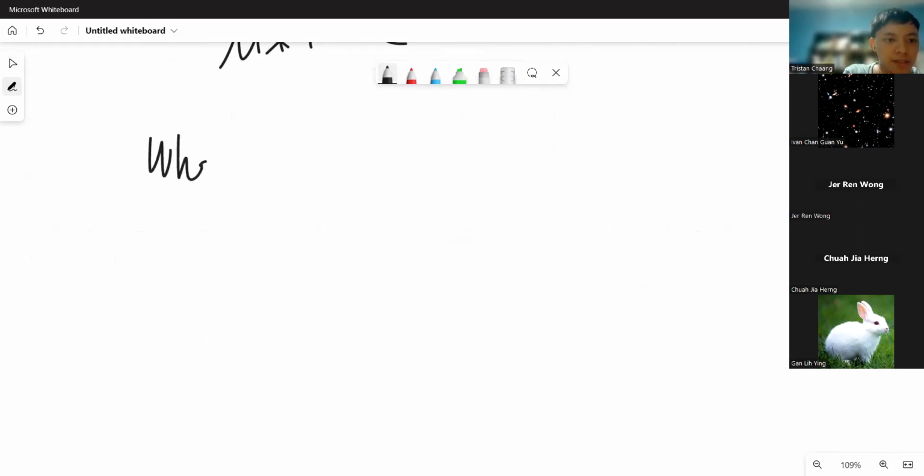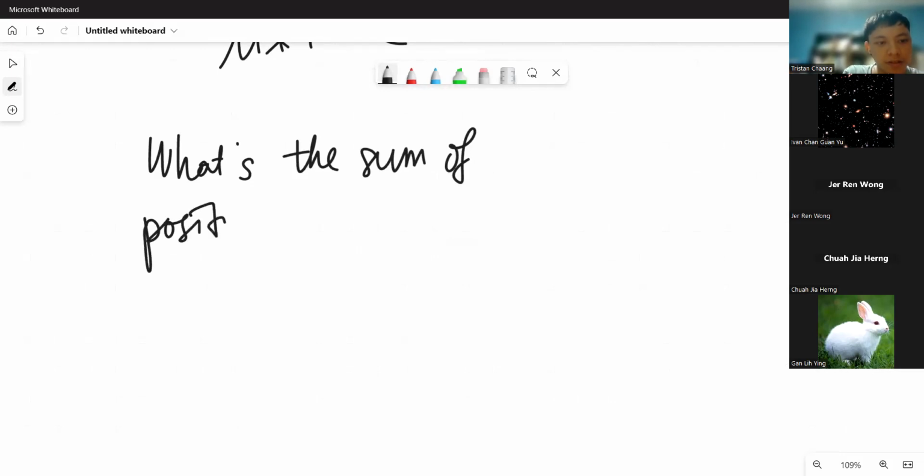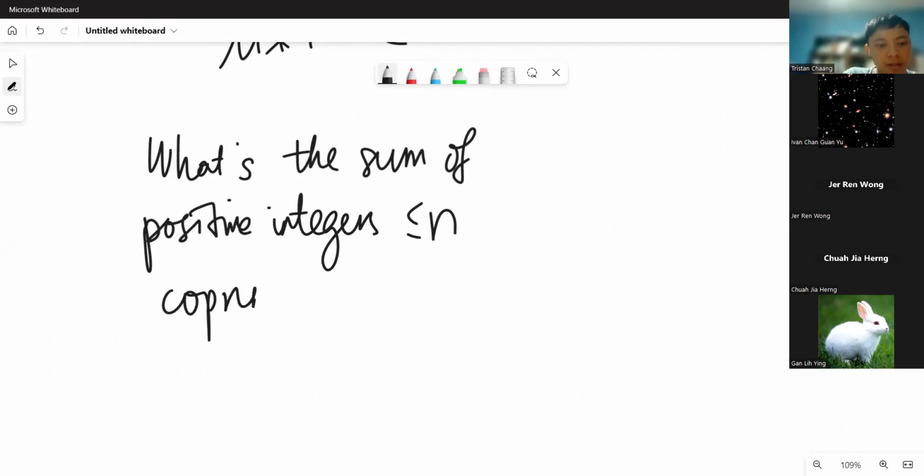So what's the sum of positive integers less than or equal to n, coprime to n? Oh wait, I think the answer is obvious without convolution. Okay, never mind. Let's just try it anyway.